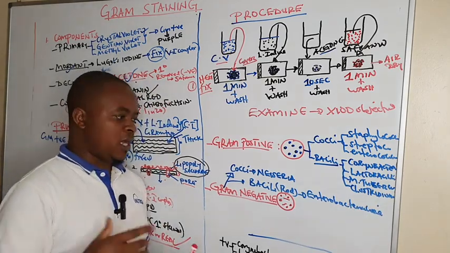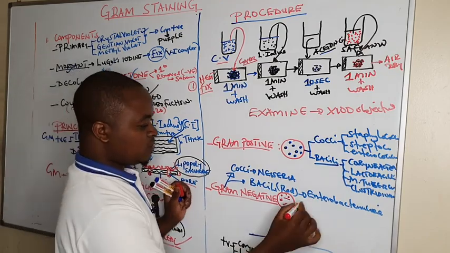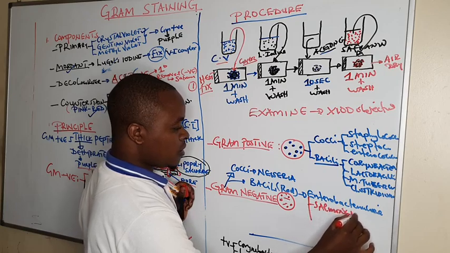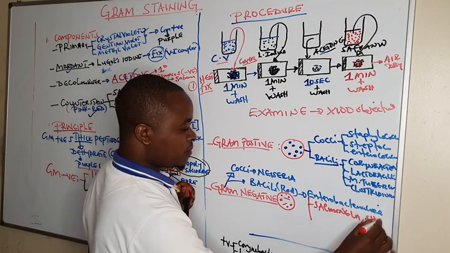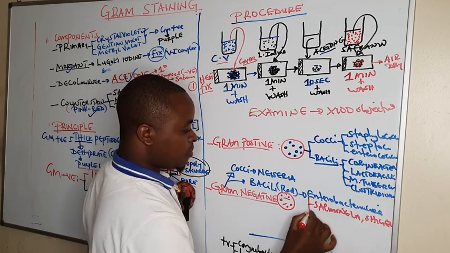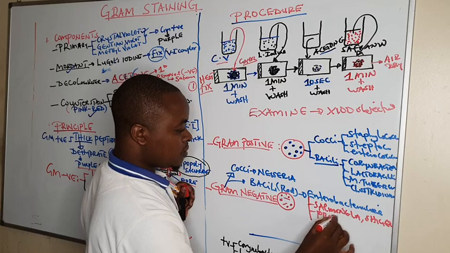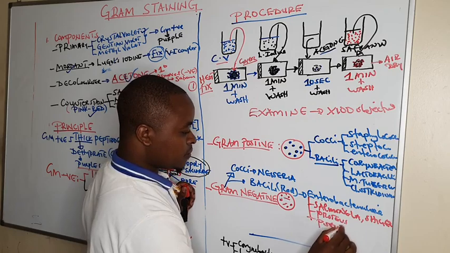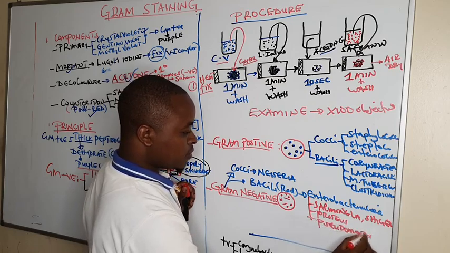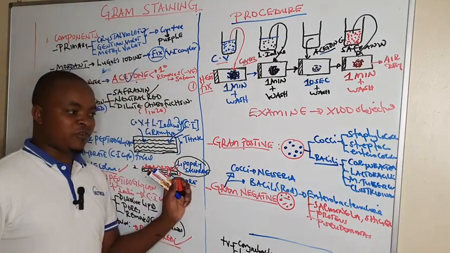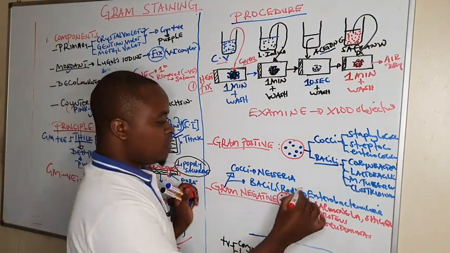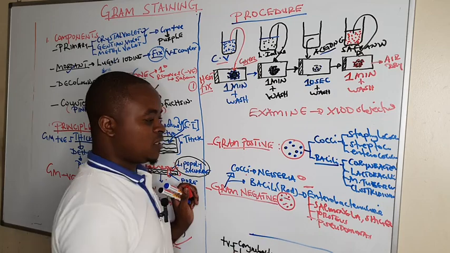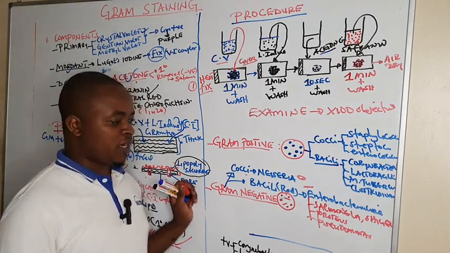Under Enterobacteriaceae we have organisms like Salmonella, Shigella, Proteus, Pseudomonas. All these are gram-negative rods. Rods meaning they are like a rod. Then the cocci are always oval in shape, and they stain a red color.